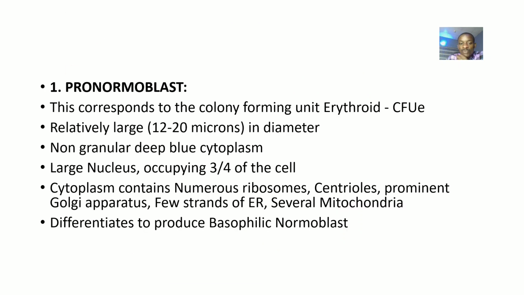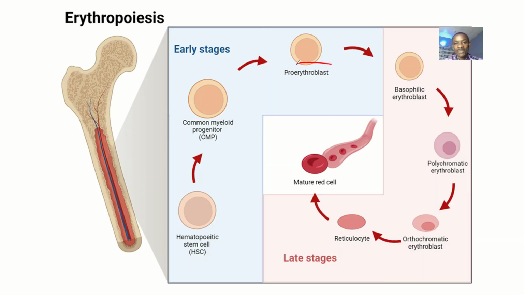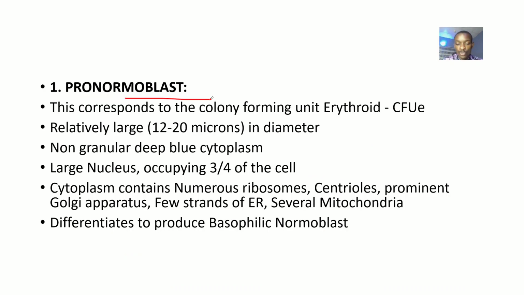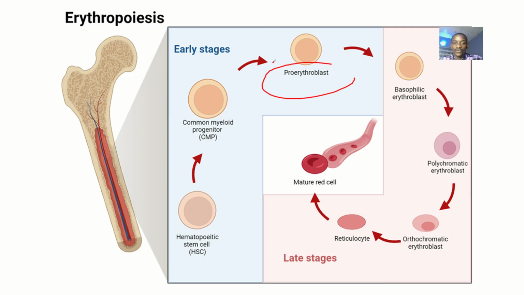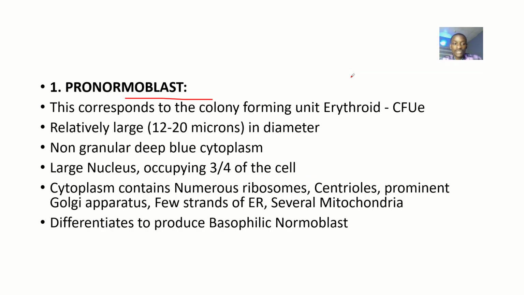Okay, so moving on, guys. The first stage is the proerythroblast or pronormoblast. It's the same thing. Talking about the characteristics of the red blood cells at this maturation stage, this corresponds to the colony forming unit erythroid. The red blood cells here are relatively large, between 12 to 20 microns in diameter. They have a non-granular deep blue cytoplasm.